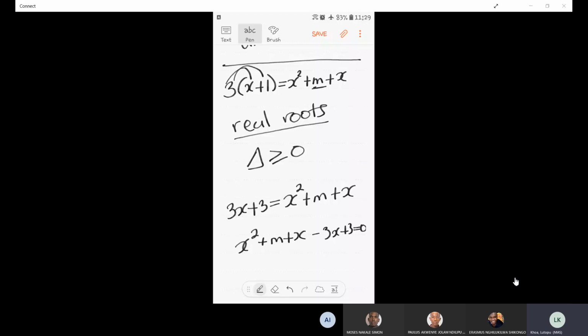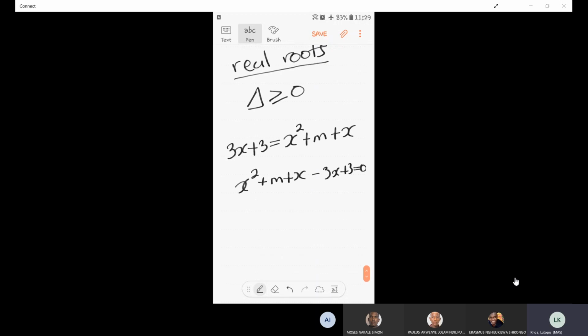So you need to work out the coefficient of x. So you combine all the terms with x together. So you have x minus 3x. So I have x squared minus 2x. And then these two terms, m and 3, those are constants. They don't have an x.